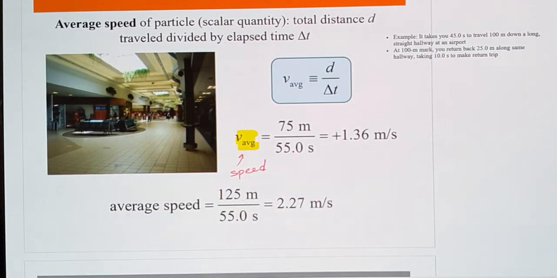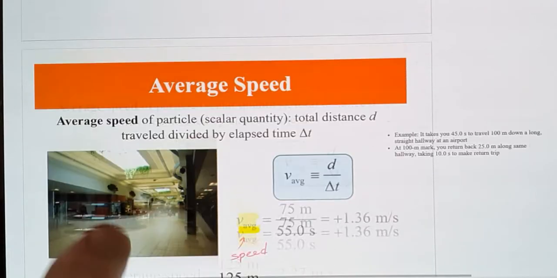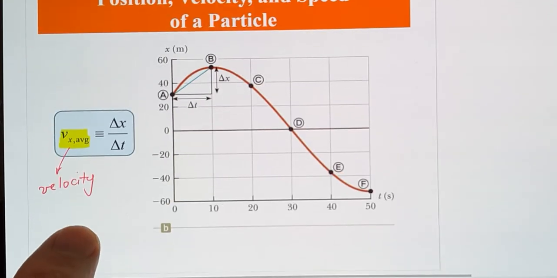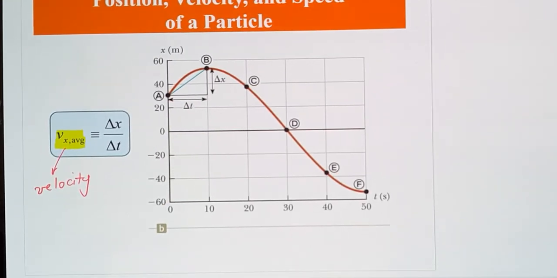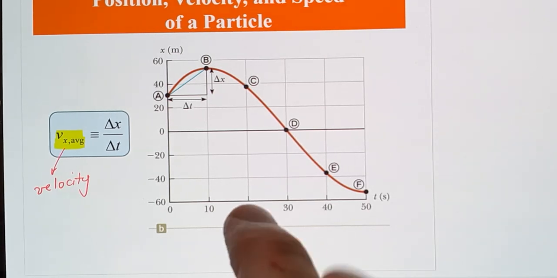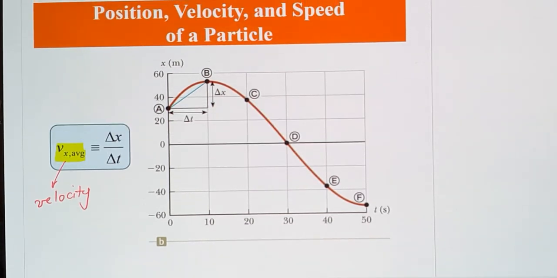So pay attention to the convention. This is speed and this is velocity. This is the convention of the book. Other books just use the vector sign, but in our book, this is how he writes velocity.